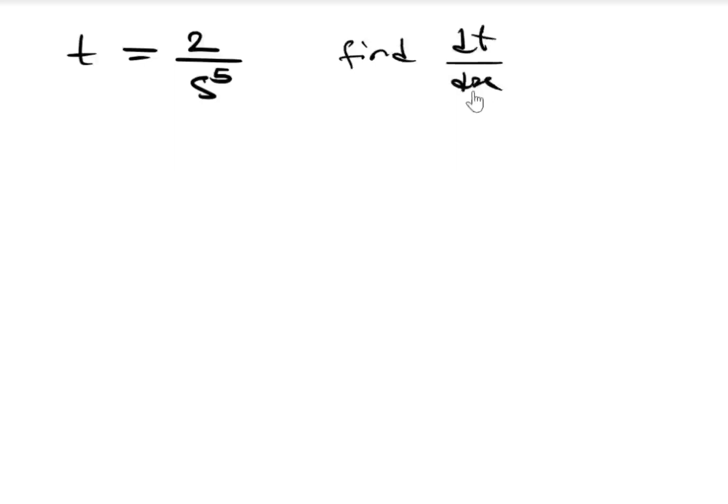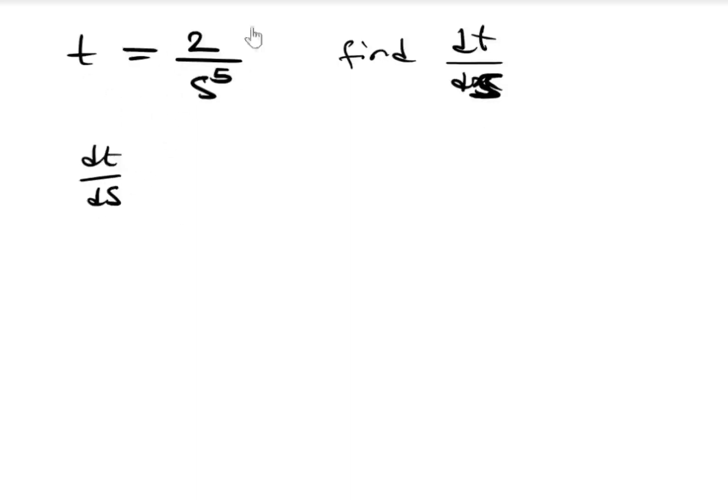Assuming t is equal to 2 divided by s^5, and you're asked to find dt/ds.